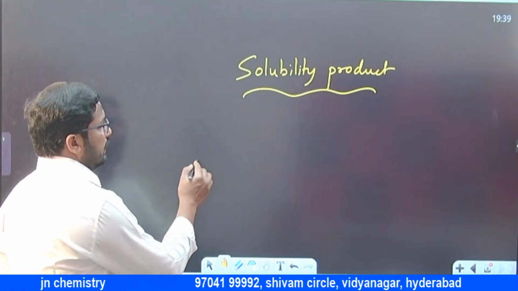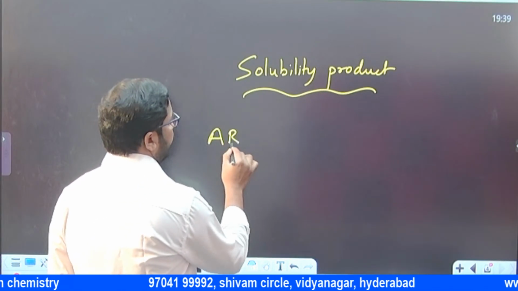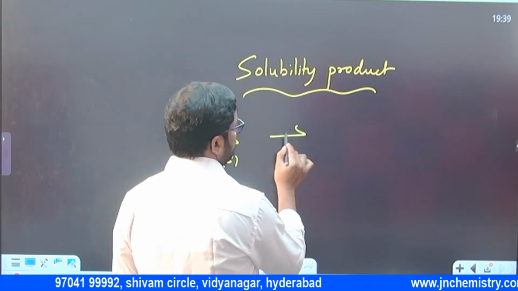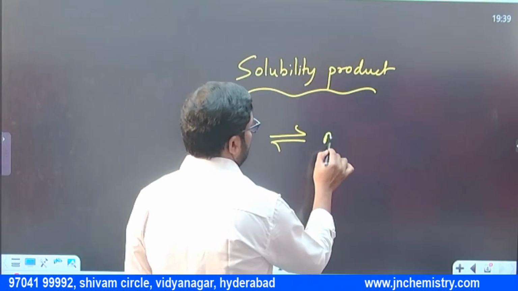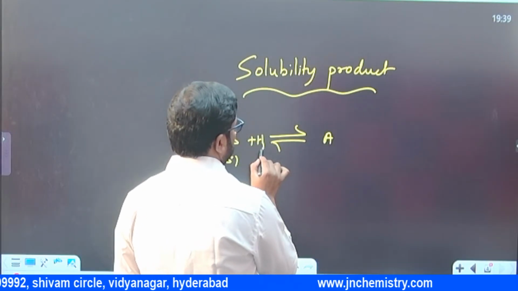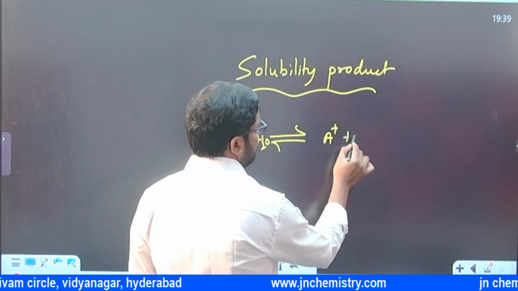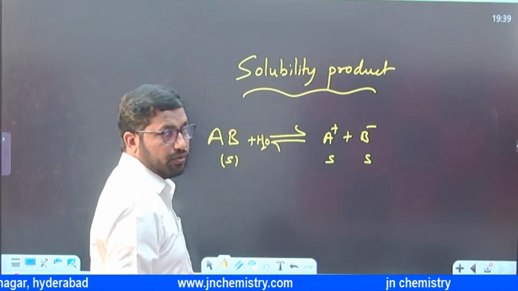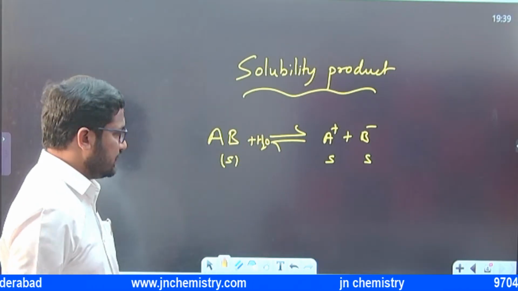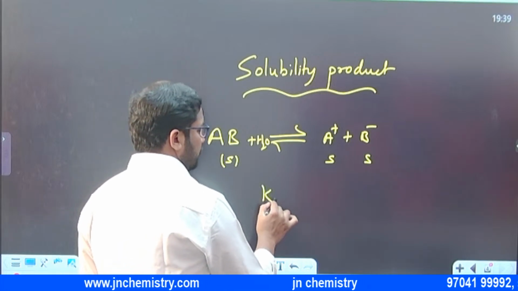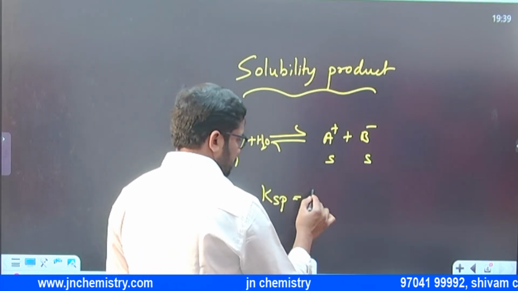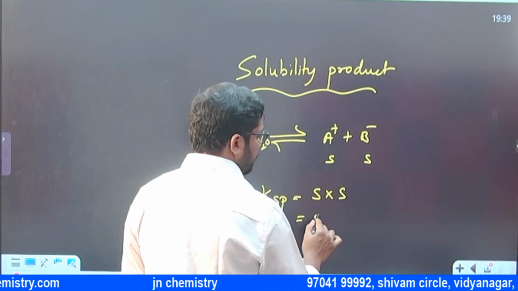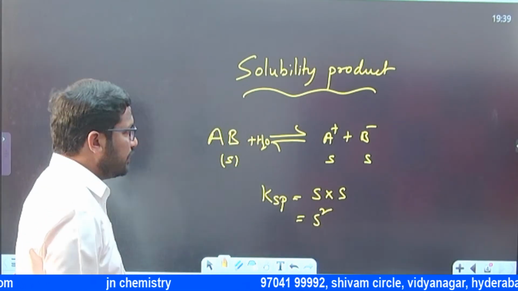For example, write like this: AB type, of course a solid, after hydrolysis gives A plus and B minus, with solubility S. I am taking the solubility as S. So now Ksp is equal to S into S, which is nothing but S square.